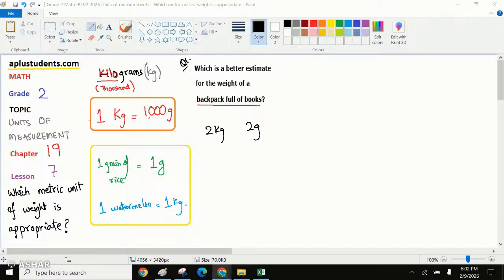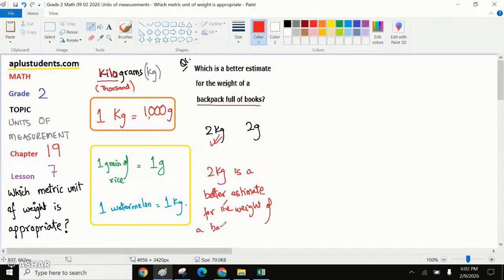So we would say 2 kilogram is a better estimate. Estimate means the closest value. Estimate for the weight of a backpack full of books. We don't have to write the statement, I just wrote it once. 2 kilogram would be a better measure.